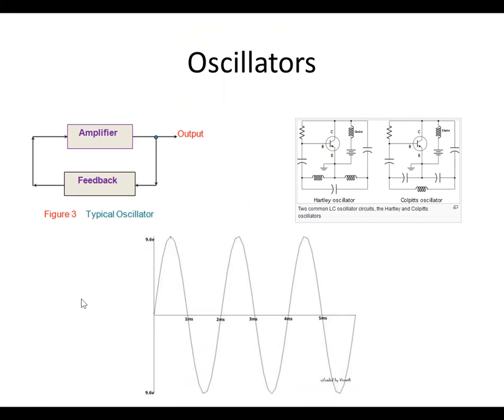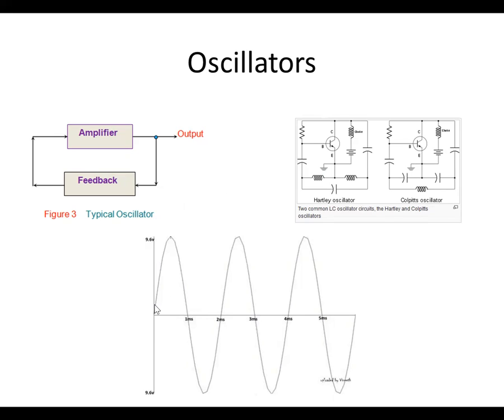So in order to modulate our audio signal with some sort of sine wave, we have to be able to generate a continuous, constant frequency, constant amplitude sine wave. What is used to do that is a circuit called an oscillator.